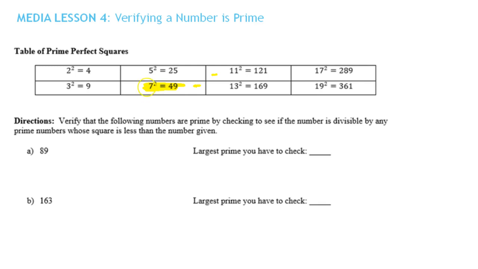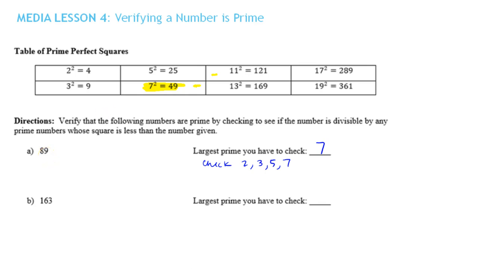So 7 is the largest prime number we have to check to verify if this is prime, meaning specifically we only have to check the factors 2, 3, 5, and 7. And if 89 is not divisible by any of these numbers, then we have verified or proven that 89 is prime.